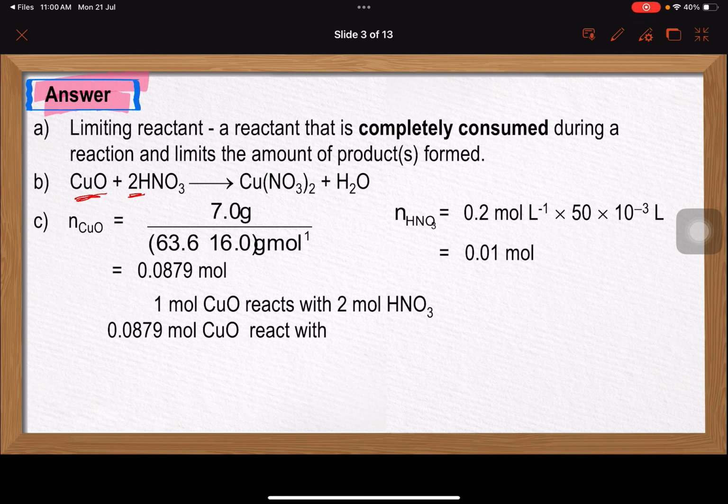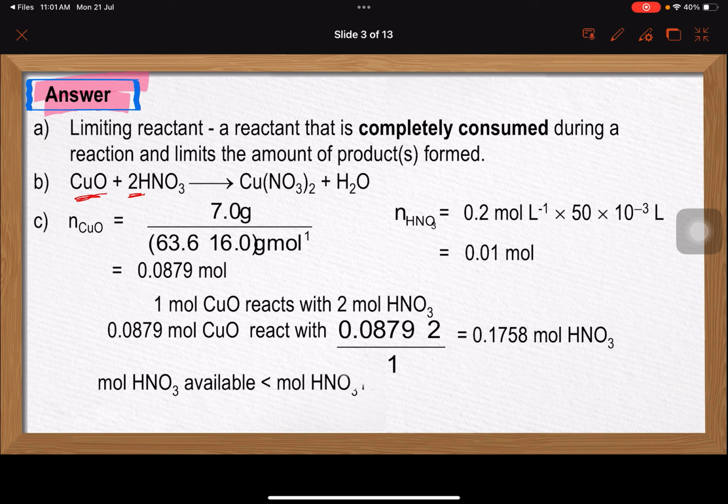This is the complete reaction. If we have 0.0879 mole copper oxide from the given, how much nitric acid should we need? Because it is 2 times, nitric acid must be 0.1758 mole. This is the needed mole.